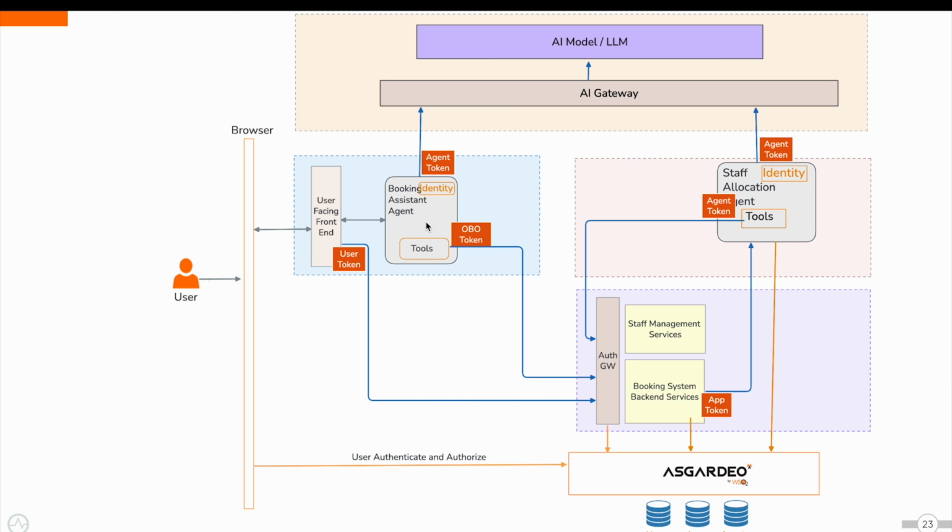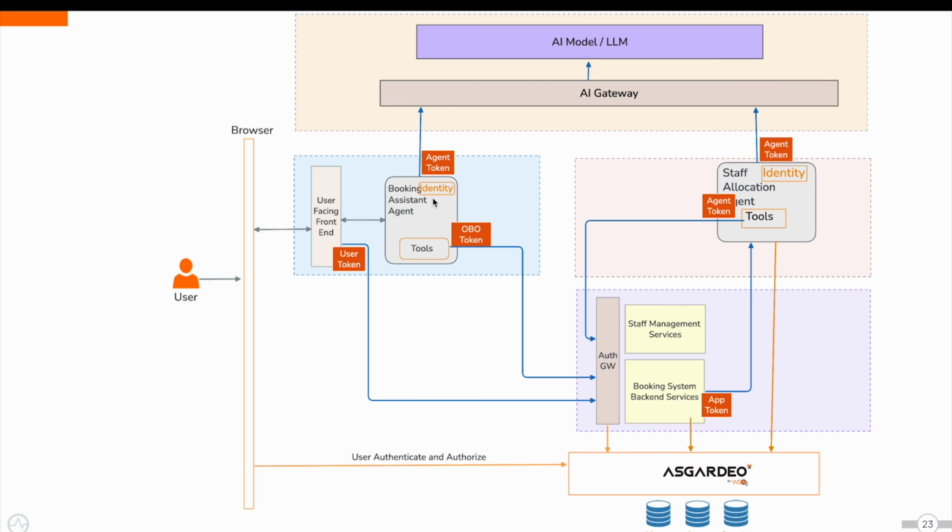When the agent is working on behalf of the user, we obtain an on-behalf-of token, and when the agent is acting on its own, we obtain an agent token by providing the agent's identity and its credential to Asgardeo, and that token has the entitlement required for that agent's actions.